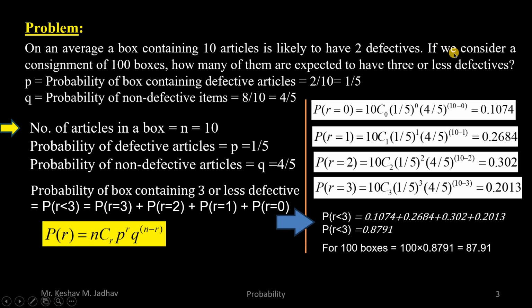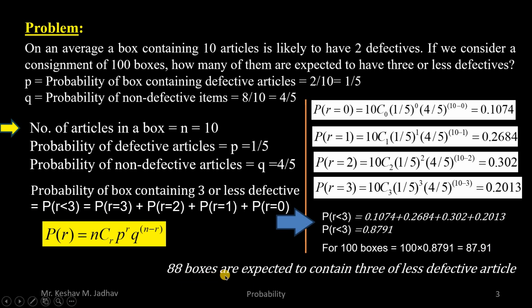If we consider a consignment of 100 boxes, we have to multiply this by 100, so we get 87.91. So out of 100 boxes, 87.91 boxes means 88 boxes. So we can say 88 boxes are expected to contain 3 or less defective articles.